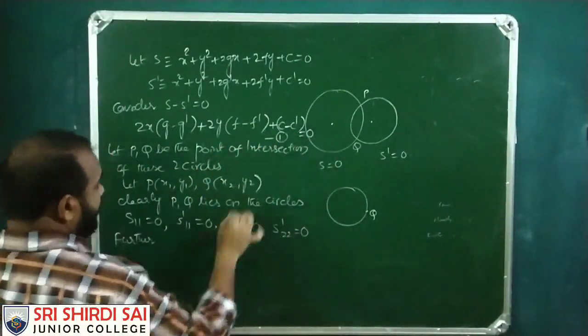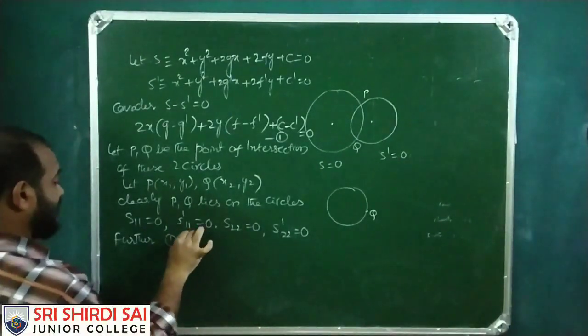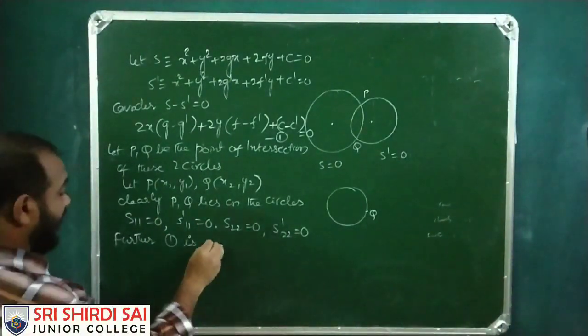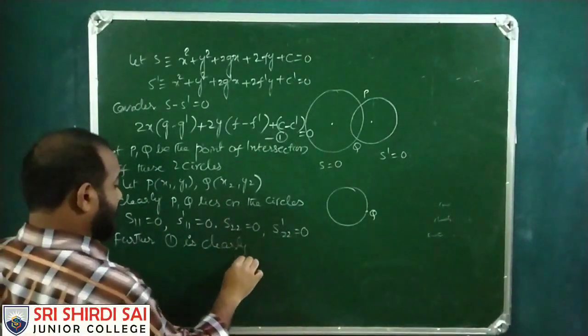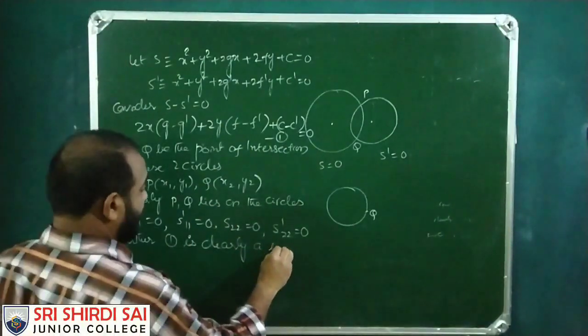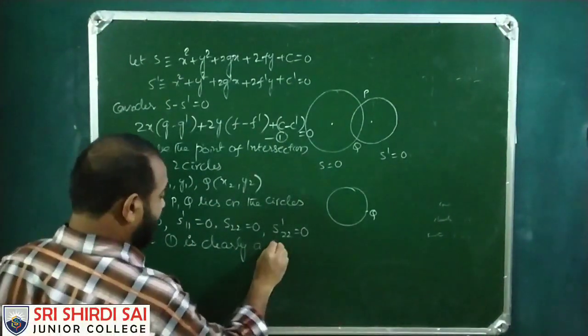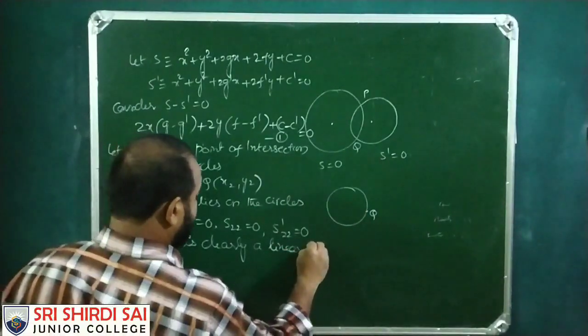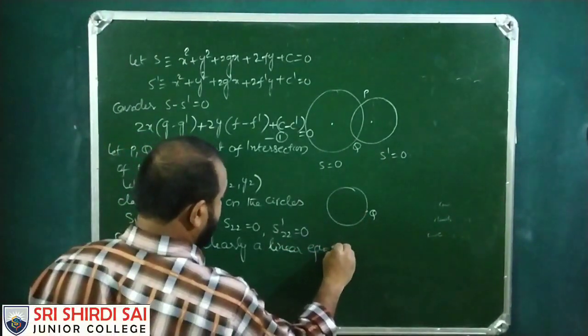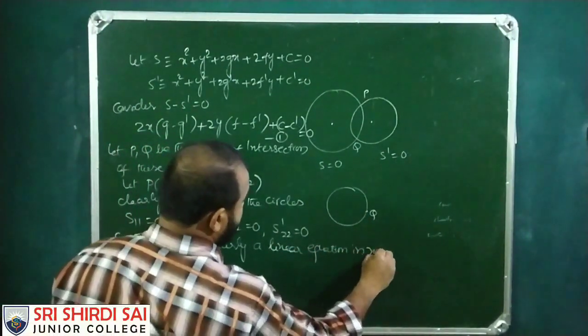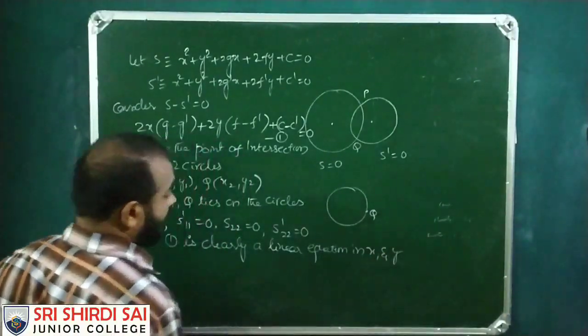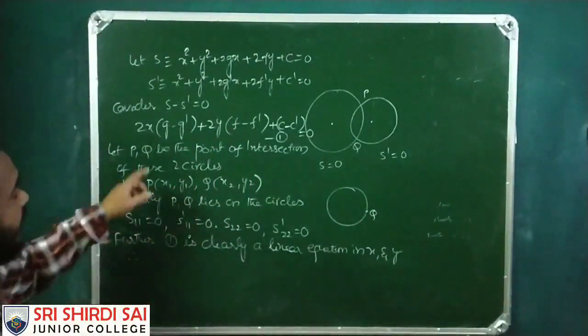Let us take 1. 1 is clearly a linear equation in x and y. Therefore, it represents a line.